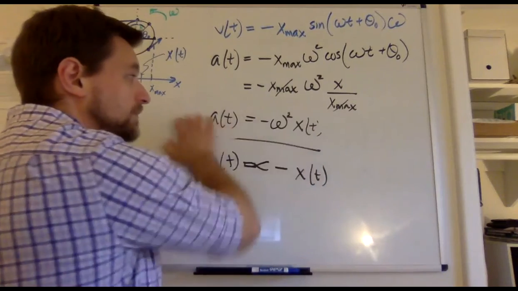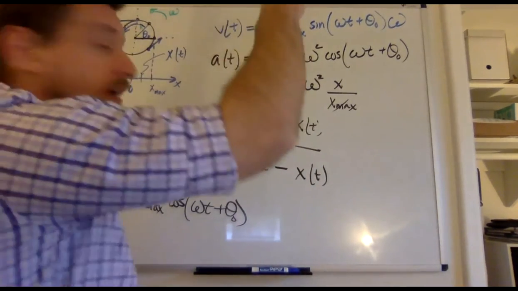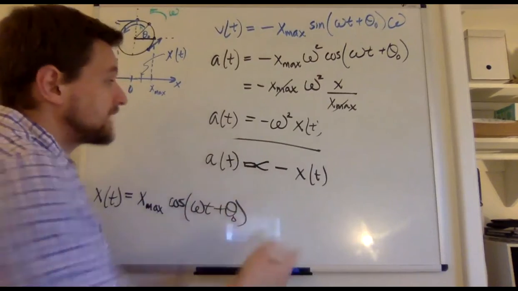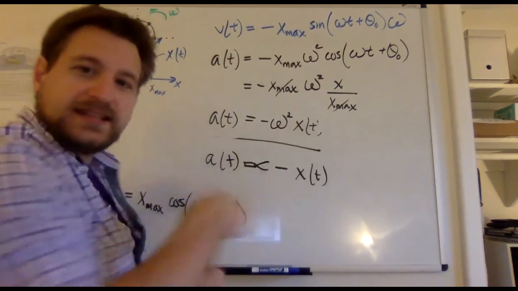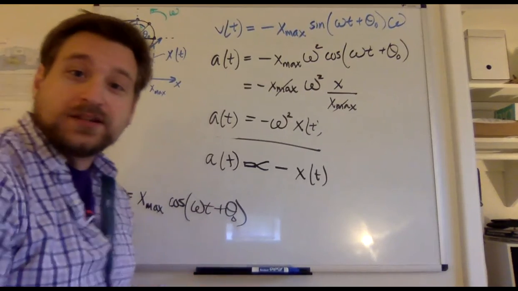If this is true, then our circular motion Platonic idea is a good model for what's going on. Anytime this is the description of what's going on, it means that this is a model that's going to work to describe it.